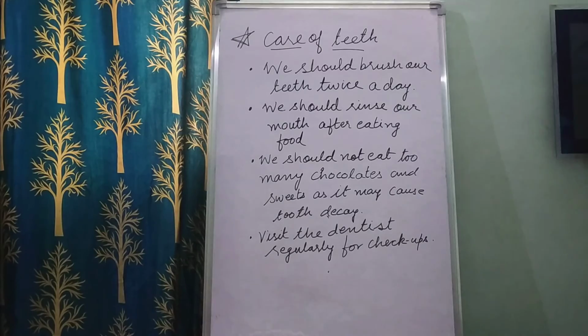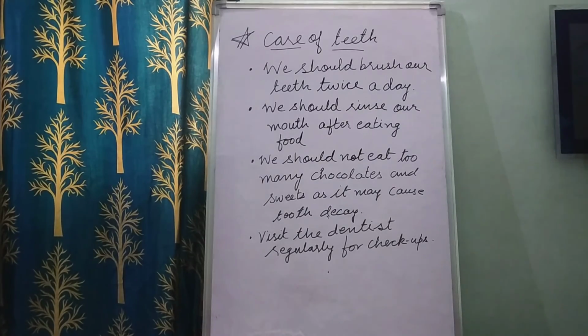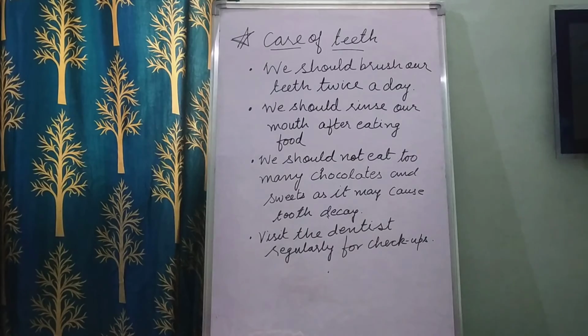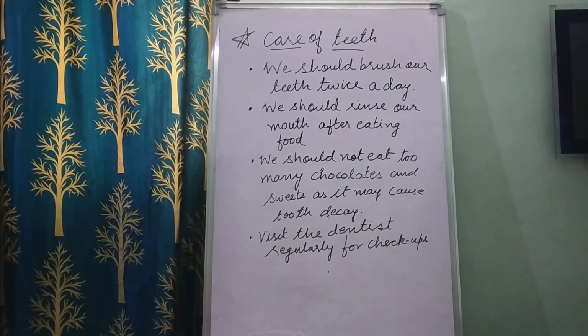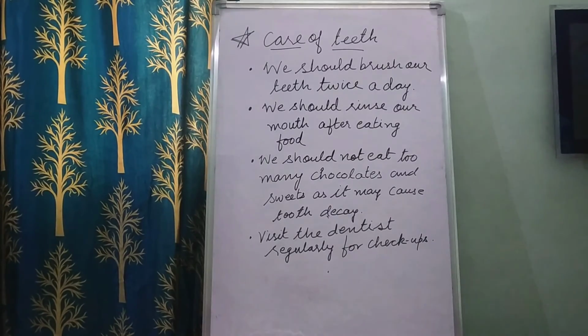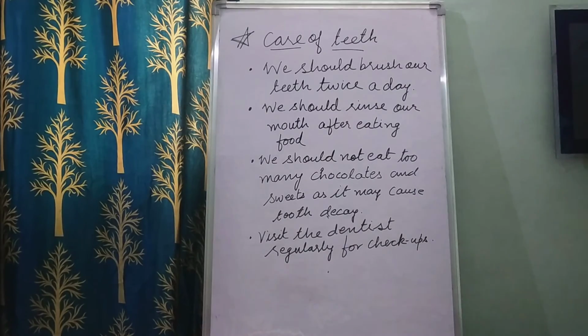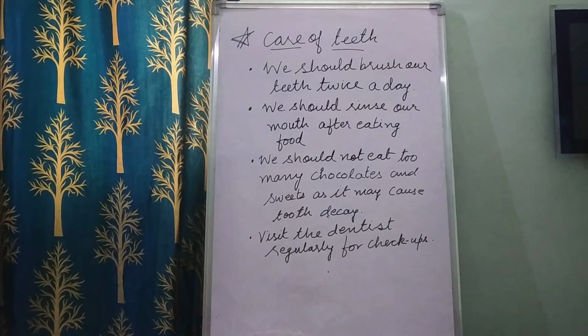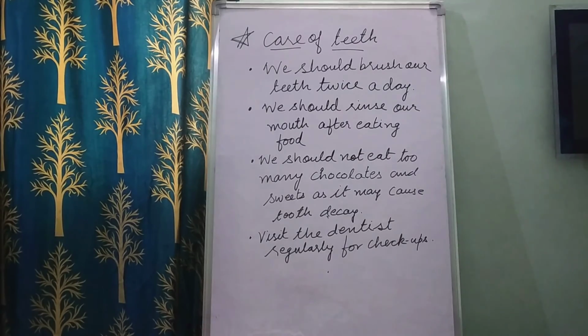So, children, these are the ways you are going to take care of our teeth and protect your teeth. We should brush our teeth at least twice a day, once in the morning and once before going to bed. Rinse your mouth well after meals.